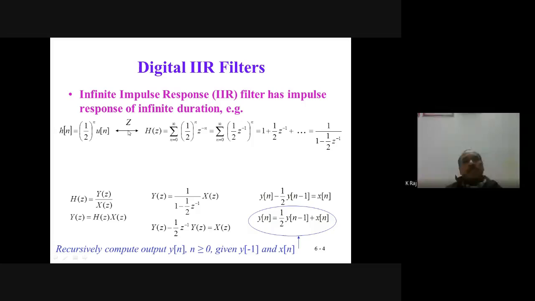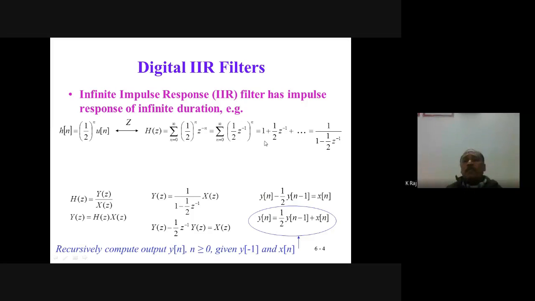When we transfer this information from the time domain to the z domain by applying the z transform, we get the summation of (1/2)^n z^(-n), with the series starting from 0 to infinity.